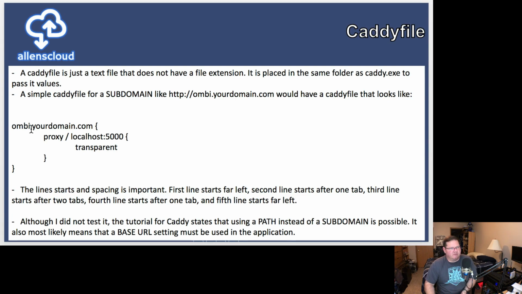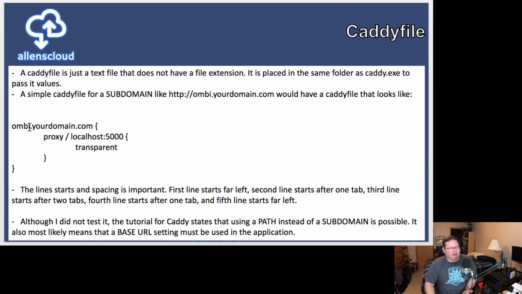This configuration for the Caddy file is to use a subdomain right here. But the tutorial actually does say that you can probably use a path instead. I'm sorry, not a subdomain, by using a path.